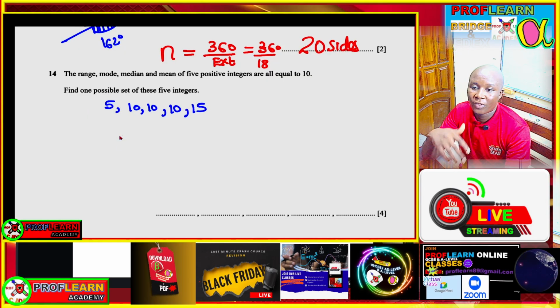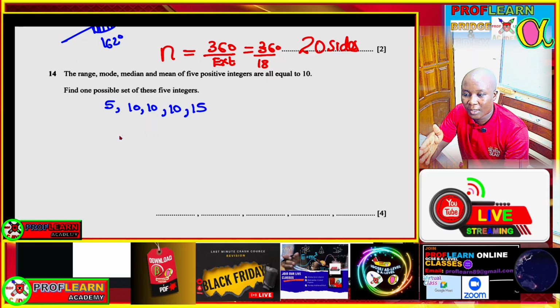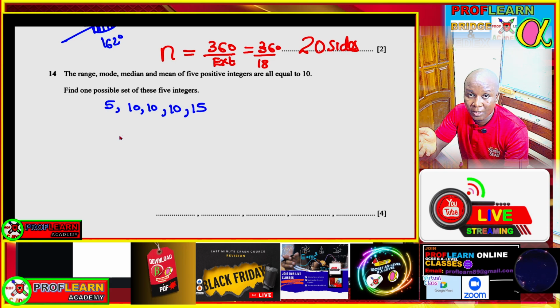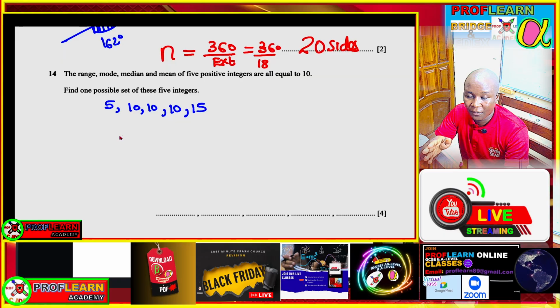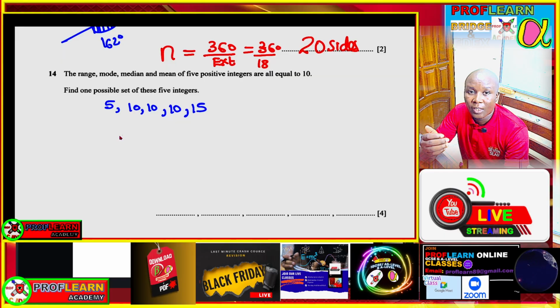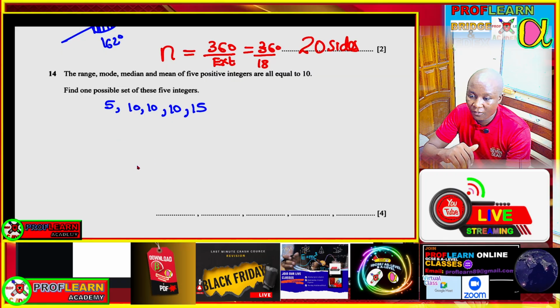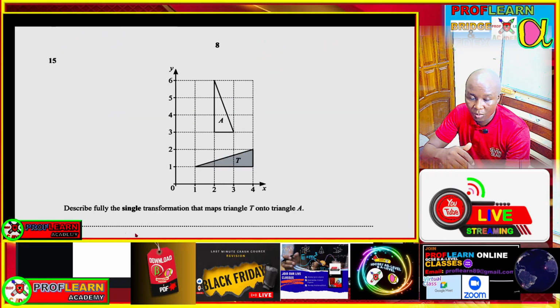So if you want to find the range, it will be the highest number, which is 15 minus 5. And if you want to find the mode, 10 appears most, so the mode is 10. If you want to find the mean, it's 5 plus 10 plus 10 plus 10 plus 15 divided by 5 numbers, and that's going to give you 10. So those are the values that we are supposed to have there.